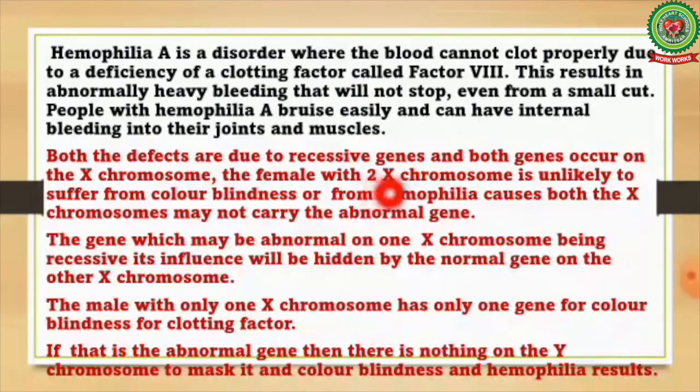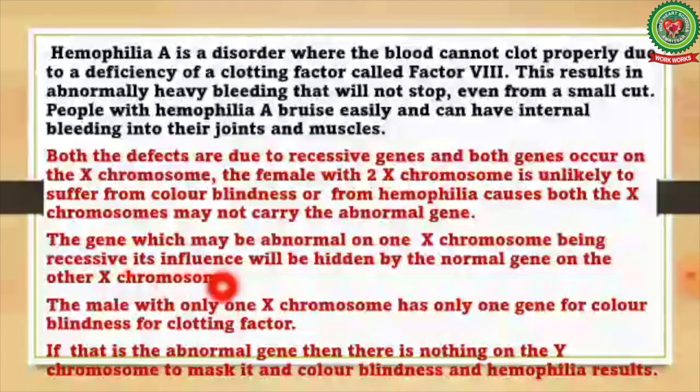The female with two X chromosomes is unlikely to suffer from color blindness or from hemophilia, because both the X chromosomes may not carry the abnormal gene. The gene which may be abnormal on one X chromosome being recessive, its influence will be hidden by the normal gene on the other X chromosome.